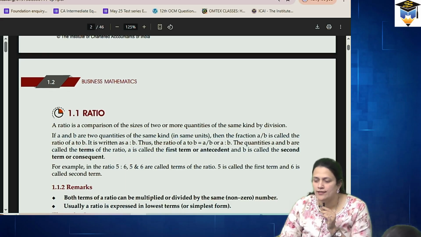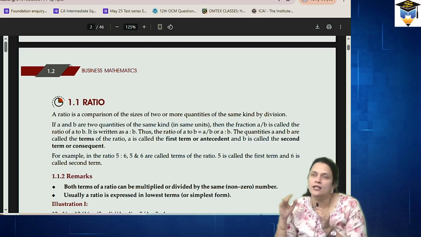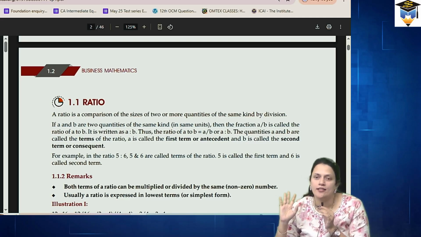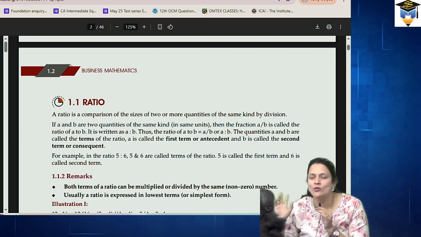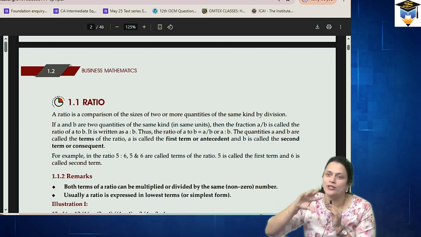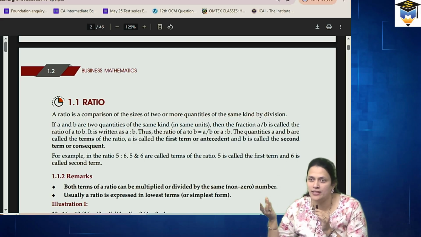Do you remember in 10th standard or 9th standard maybe, you were told about ratio and proportion. You remember all those ratios, invertendo, componendo, dividendo? You had that for CBSE?